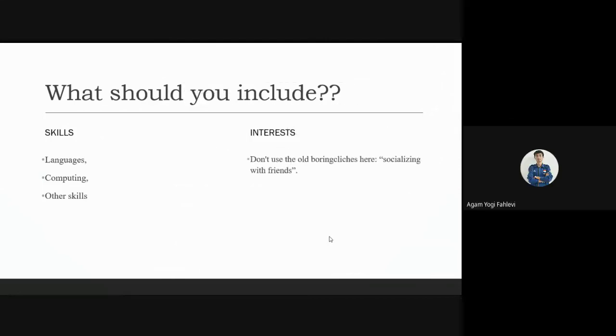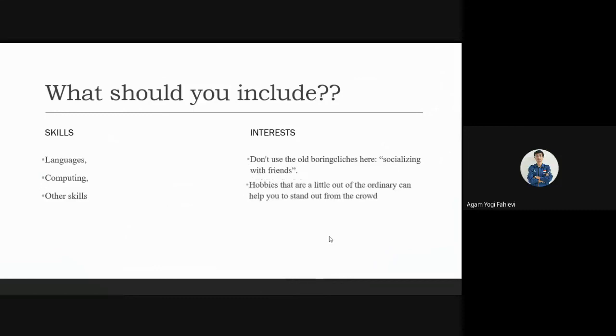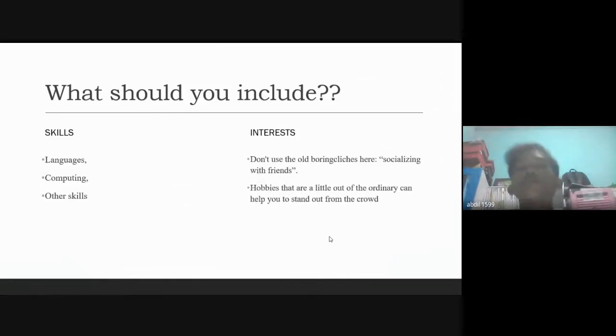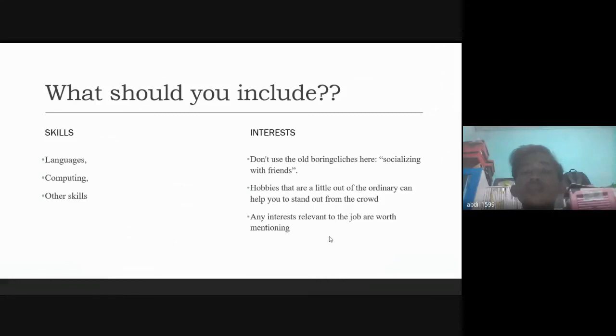In interests, don't use the all boring clichés like socializing with friends. Hobbies that are a little out of the ordinary can help you to stand out from the crowd, and any interests relevant to the job are worth mentioning.